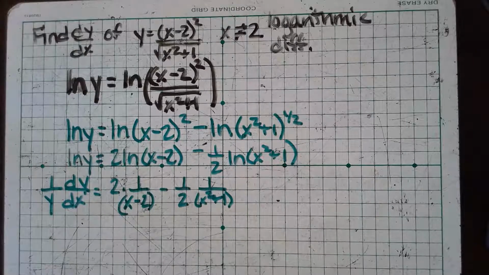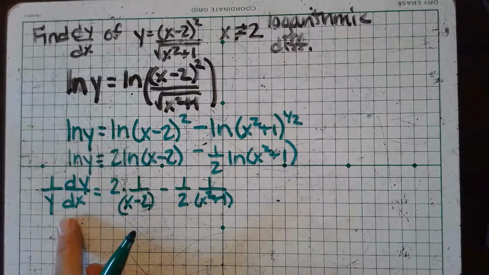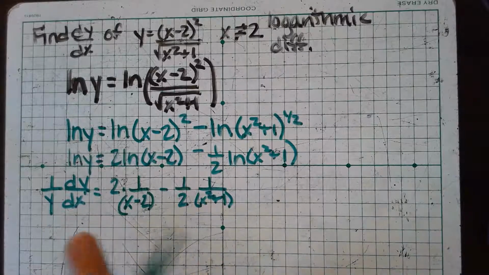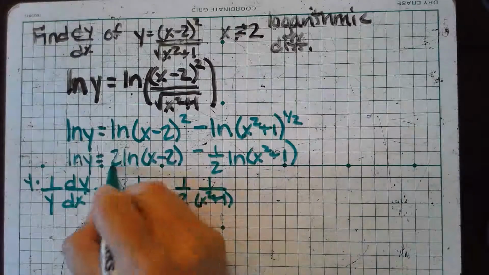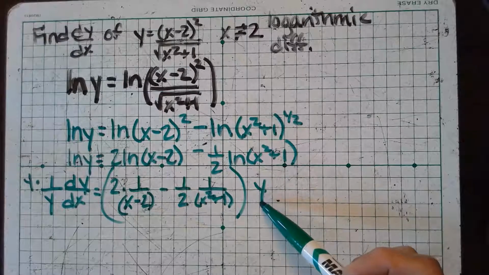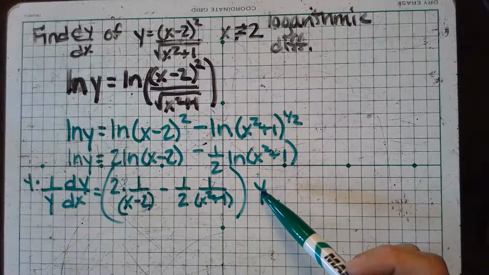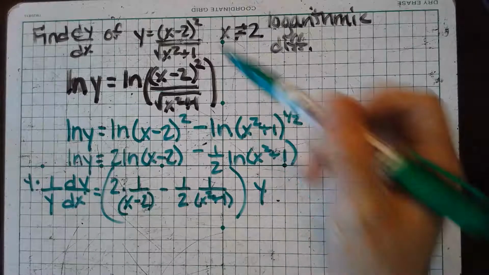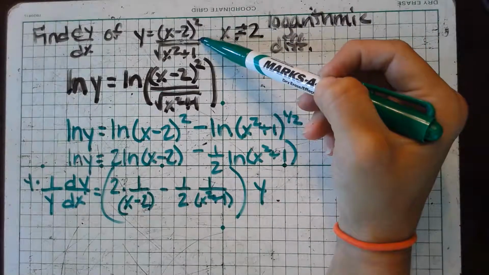All right, the last thing I have to do to solve for dy dx is multiply each side by y. Now, do we know what y is? And some of you are probably trying to scrounge around and literally like, I don't know. Guess what? Don't we have y up here?